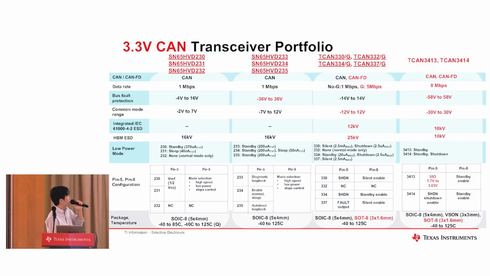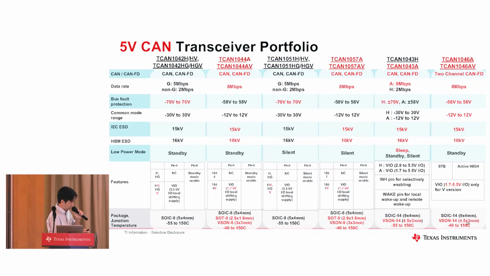Here's the 3.3 volt CAN transceiver portfolio. Okay, and this is the 5 volt. You can see that bus protection can go from minus 70 volts to plus 70 volts.